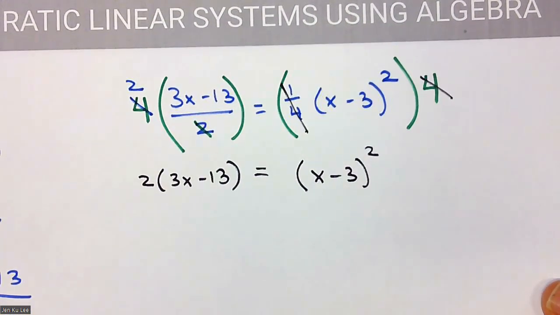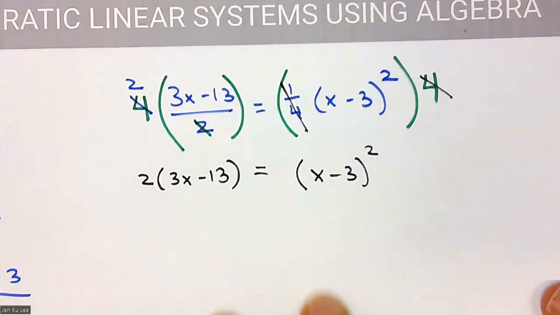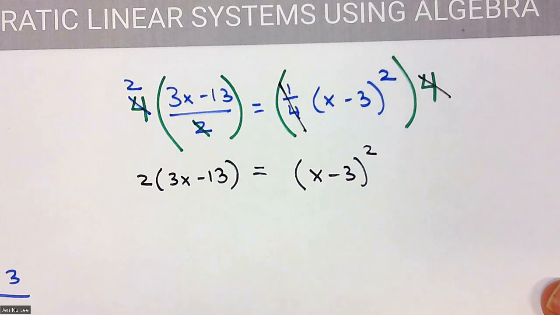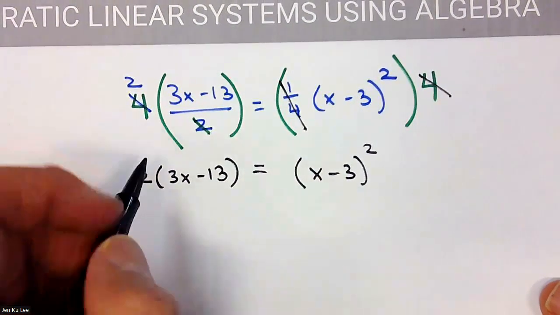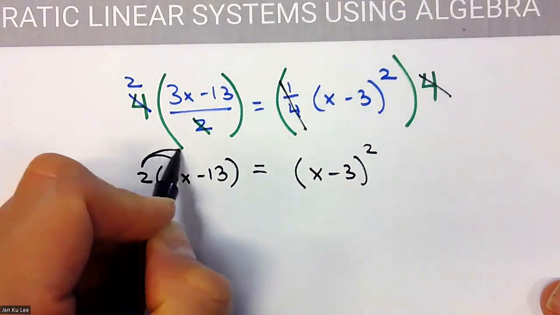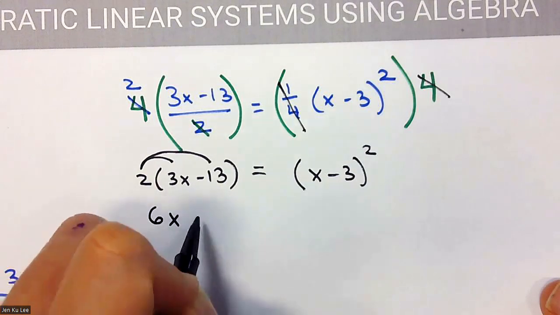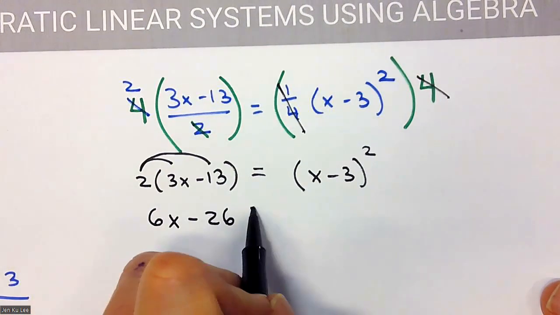Okay? I'm going to go through the steps of solving this equation to get an x value, just like how you would in a linear system. So 2 times 3x, 2 times negative 13. That's 6x minus 26, right?